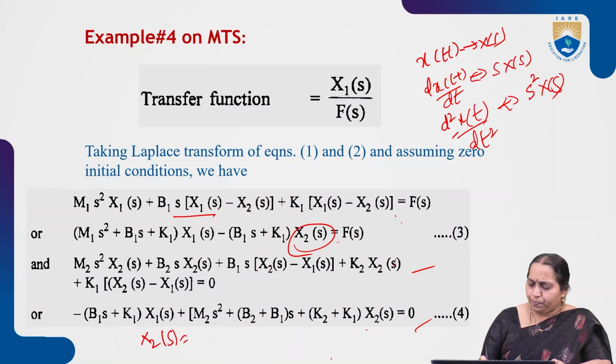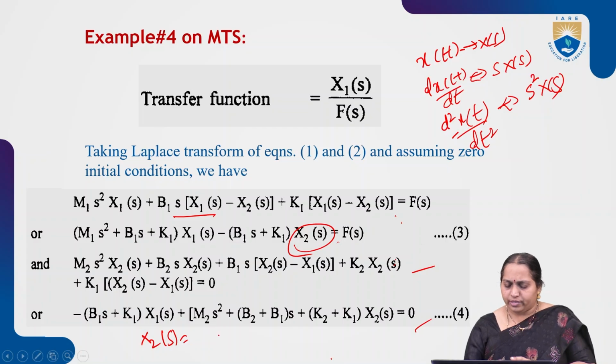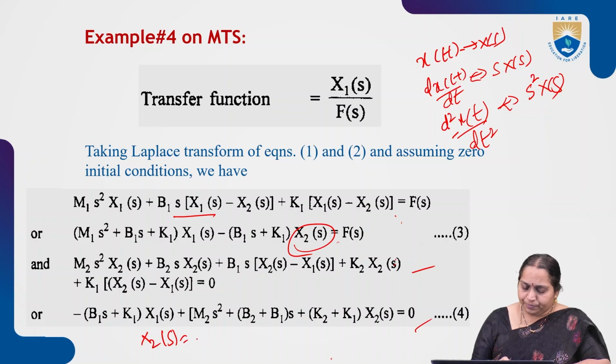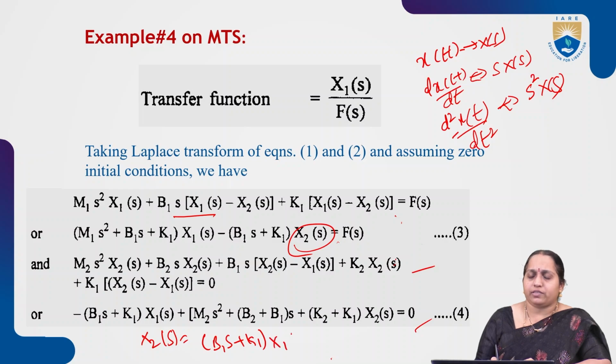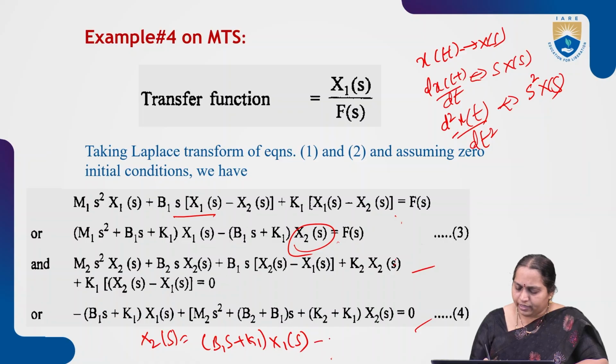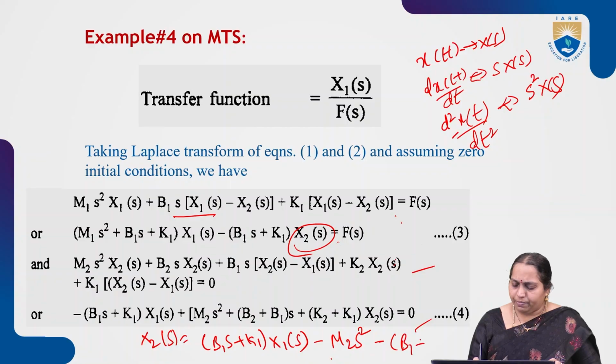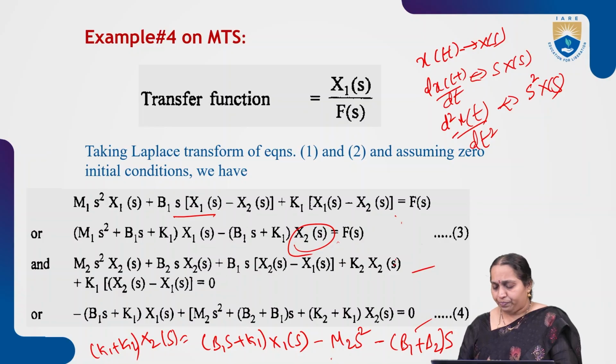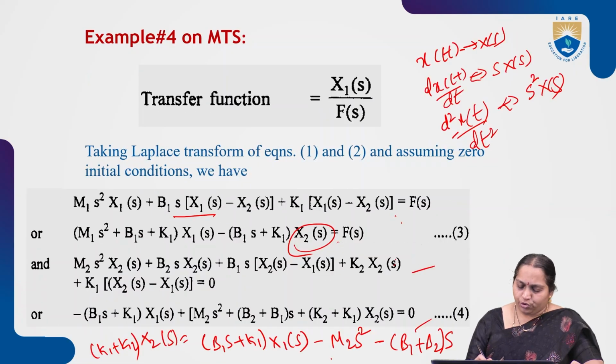x2 of s is equal to, take all the other terms on the other side. So we get x2 of s is equal to b1 s plus k1 into x1 of s divided by m2 s square plus b1 plus b2 into s plus k1 plus k2.